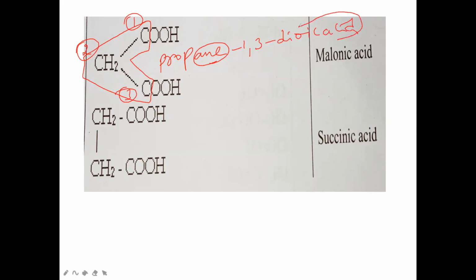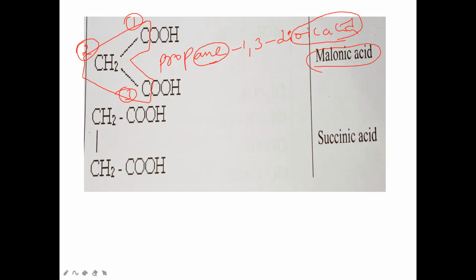Dioic acid. So what is oic acid here? Secondary suffix. The secondary suffix of the COOH group is oic acid. How many times is it there? 2 times. So dioic acid. So propane 1,3 dioic acid is the IUPAC name of this molecule. And what is the common name? We check it here. Malonic acid. So malonic acid is the common name.